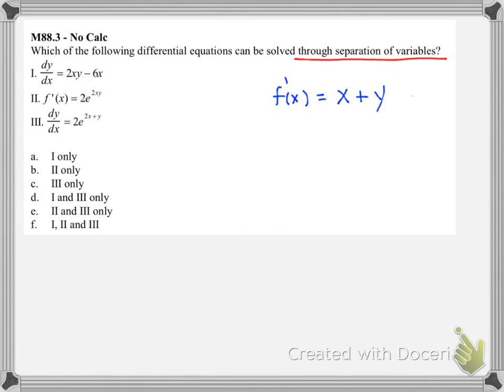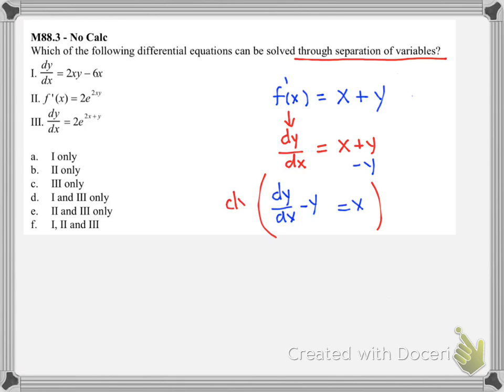Let's look at this equation. f prime of x equals x plus y. Well, it can be confusing to see it in a different form, but this is really just dy/dx equals x plus y. So it seems logical we can just subtract y. So now we'll have dy/dx minus y equals x. And now we could multiply everything by dx.